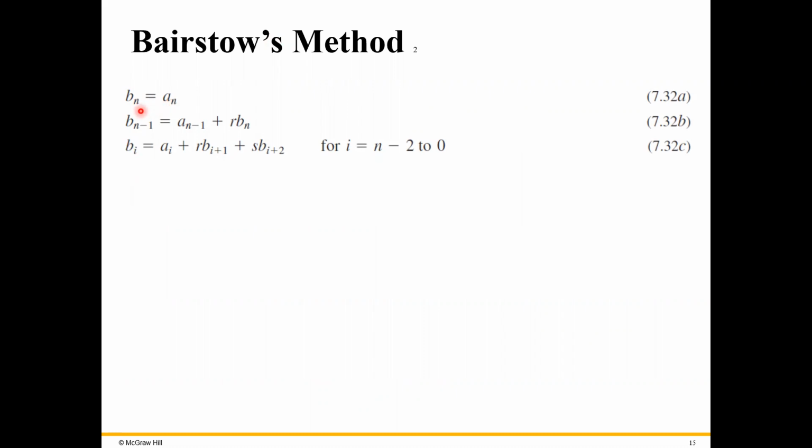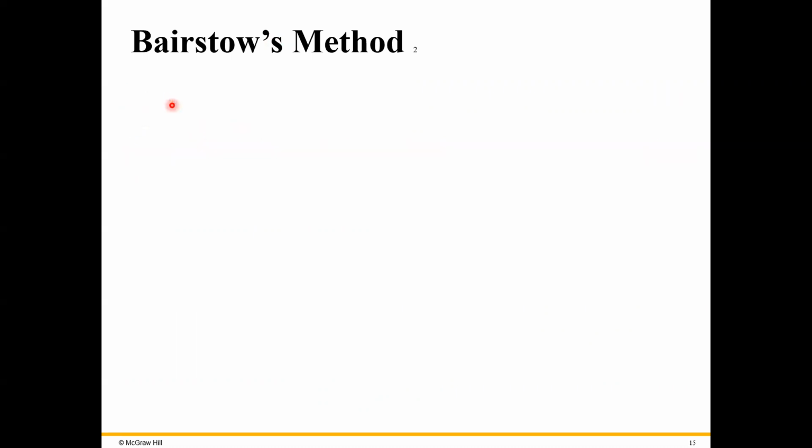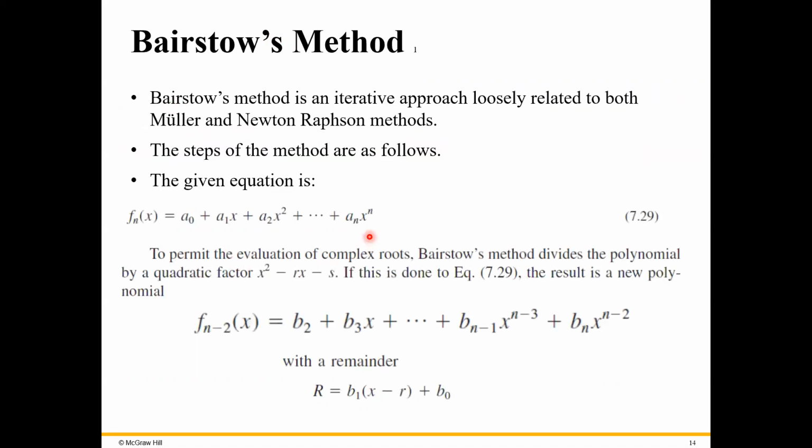If the degree of the polynomial is say 5, we start from 5, so b5 will be the same as a5. And a5 is the coefficient of the nth order term in the original polynomial.